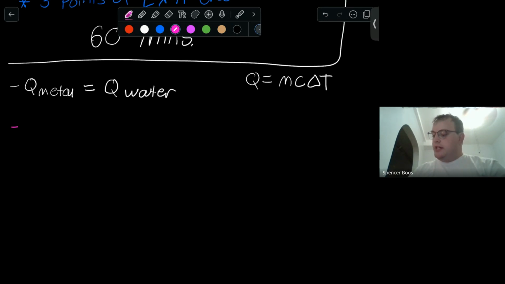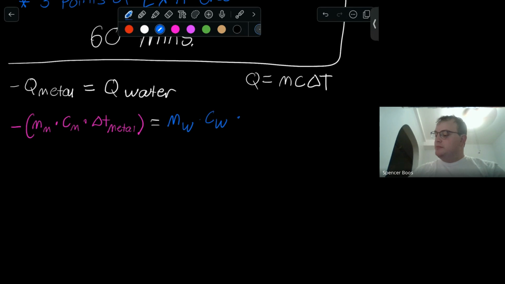Observe. We'll use pink for the metal. So we have the negative mass of the metal times the specific heat of the metal times delta T of the metal. Now this would be equal to, we'll use blue for water, the mass of the water times the specific heat of the water times the delta T of the water.